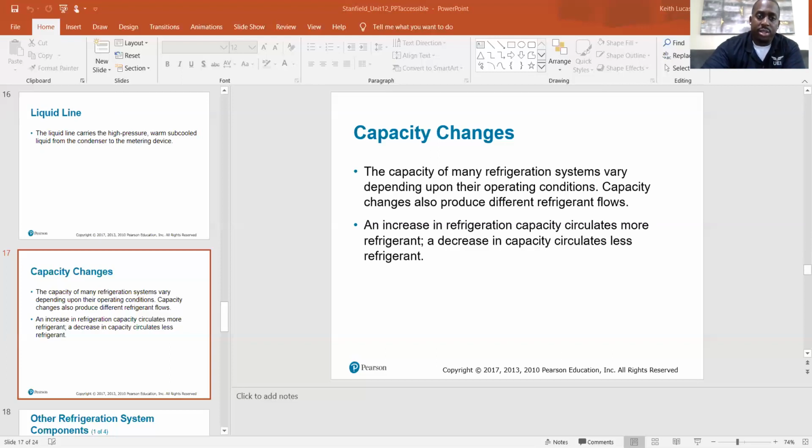So now that the evap coil is a little cooler, the sensing bulb is going to be sensing a drop in temperature, which is going to cause the refrigerant inside of it to condense back into a liquid. And that liquid is going to collect right here. And all the vapor pressure that was in this tube is going to ease up and put less pressure on this diaphragm and allow less liquid to come through.